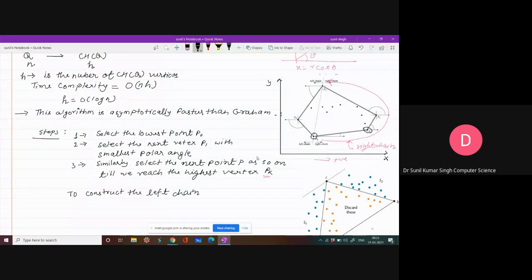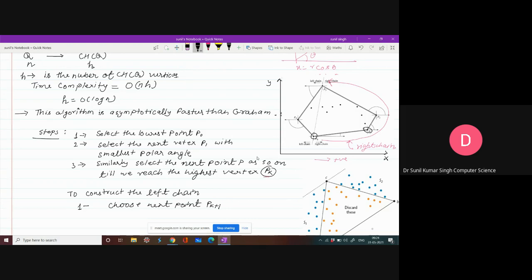Here the highest point was Pk. Now we choose the next point Pk plus 1, which has the lowest polar angle with respect to the negative x-axis.